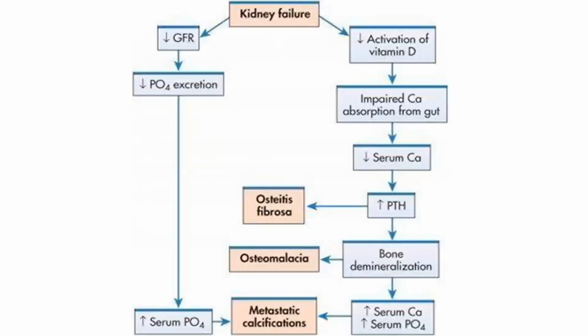Now you see, when there is a kidney failure, there is decrease in GFR resulting in decreased phosphate excretion resulting in hyperphosphatemia. Similarly, because of kidney failure, there is decreased activation of vitamin D2 to D3.